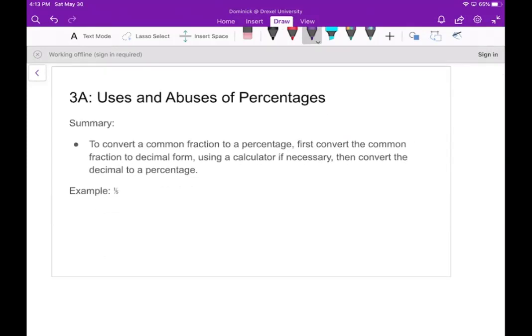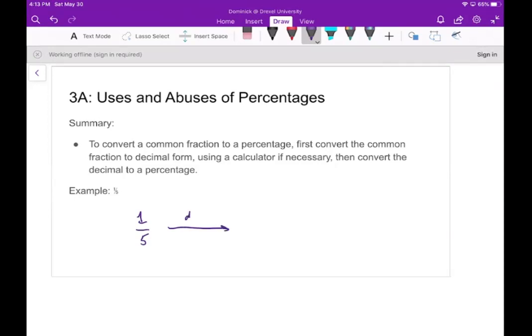Okay. Now, to go from a fraction to a percentage, first we're going to convert the fraction to a decimal, and then we'll convert the decimal to a percentage. So we're going to do this example with 1 over 5. How do we convert this to a decimal? There's a couple different ways you could do this. One way is to write this as a division problem.